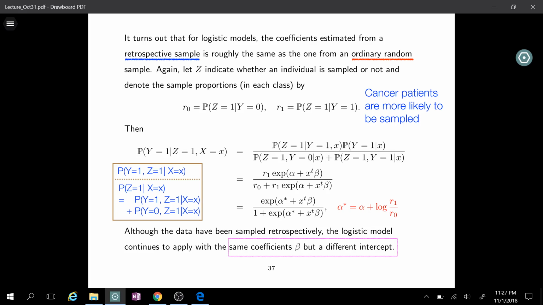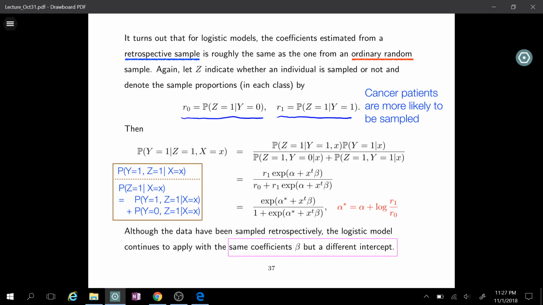First, we're going to describe the sampling rates of the two groups. R0 will be the probability of Z equal to 1 given Y equal to 0, meaning this is the sampling rate among the 0 group, and R1 is the sampling rate among group 1.